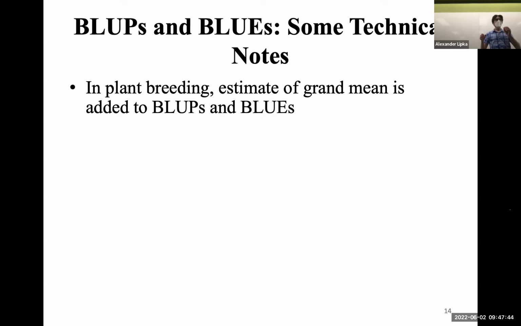And then in order to convert those BLUPs and BLUs into similar units of measurement and similar range of values of the original experiment, you add the estimate of the grand mean to the BLUPs and the BLUs, and you still call the end product BLUPs or BLUs. That confused me a little bit, but I just want to give a heads up that that's kind of the state of the art in terminology.